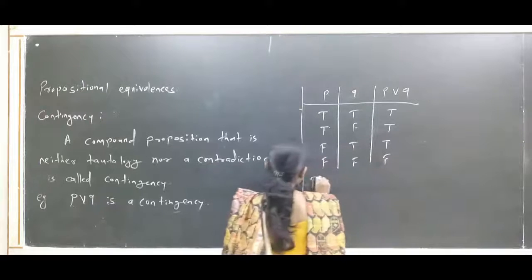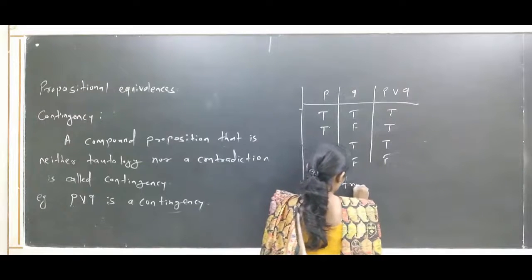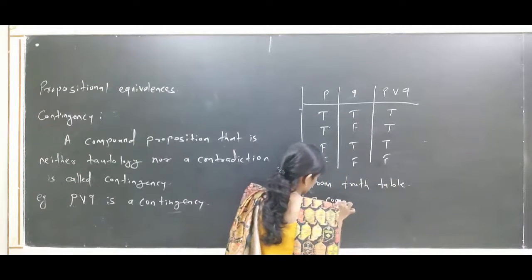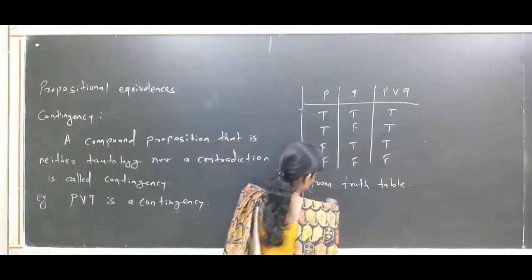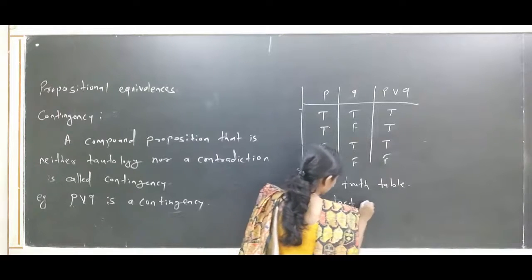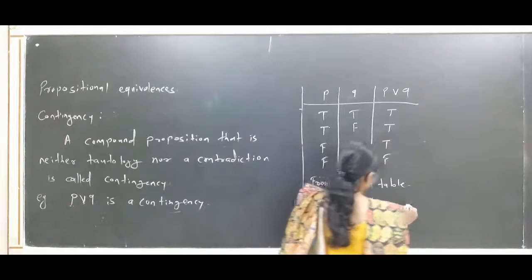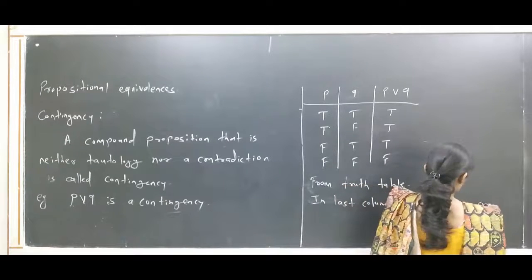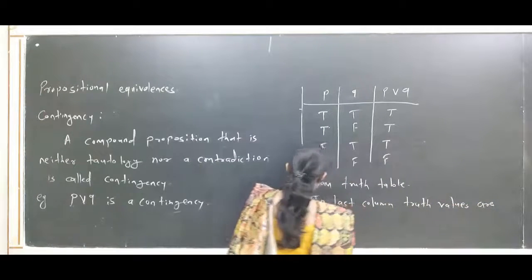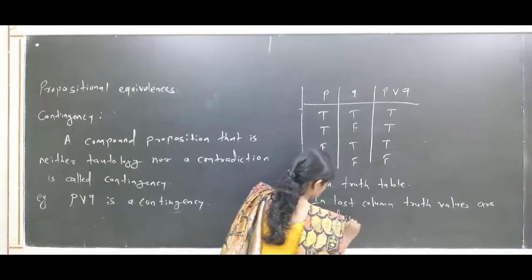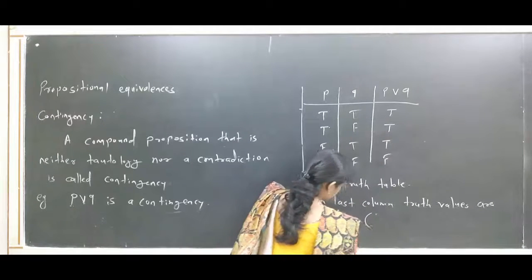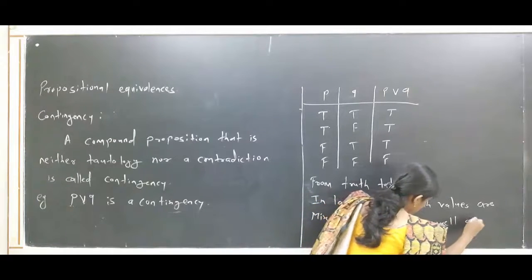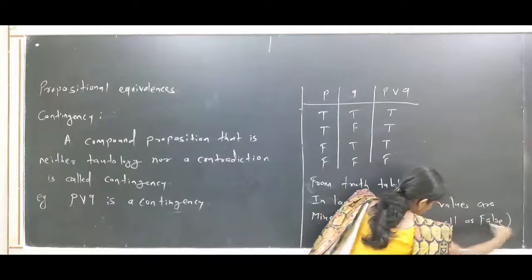Write down from the truth table: in the last column, truth values are mixed, that is true as well as false.